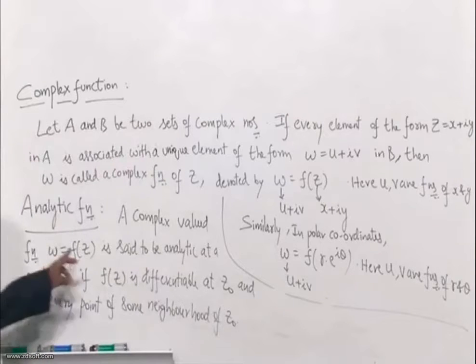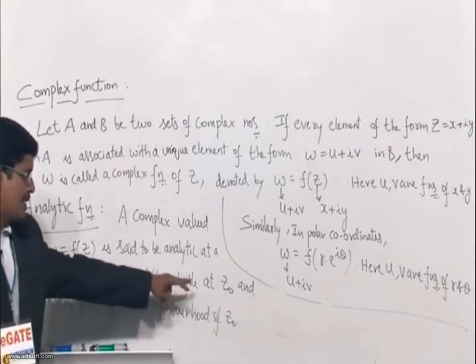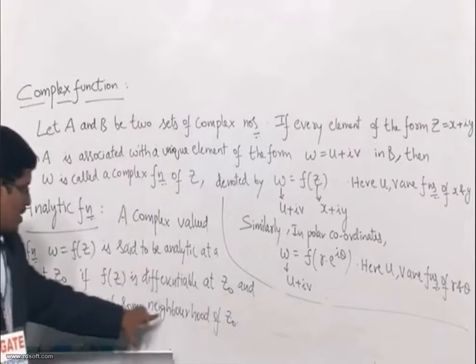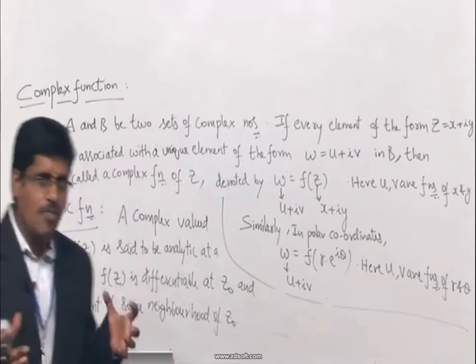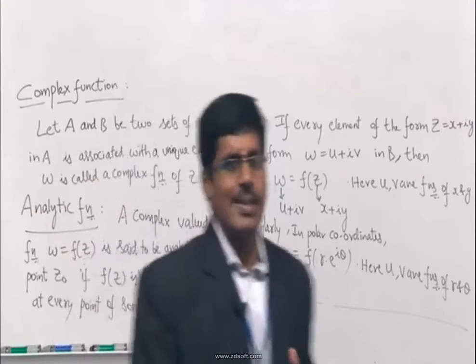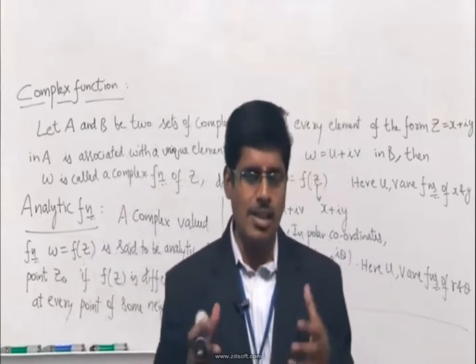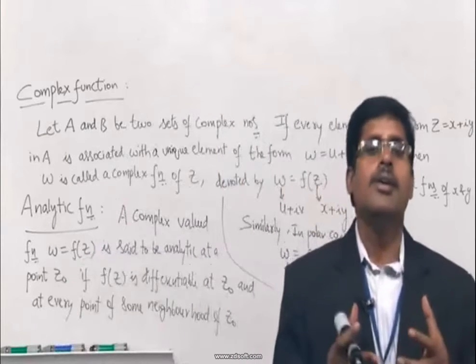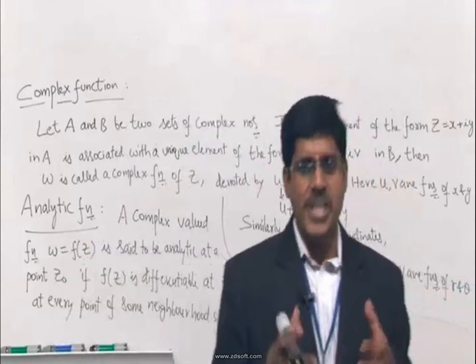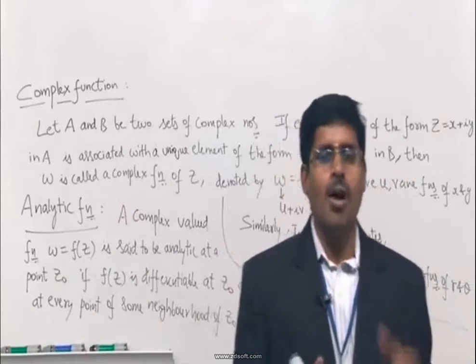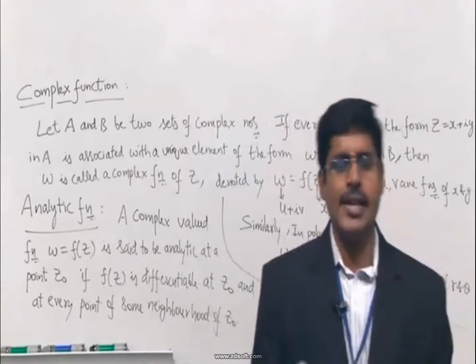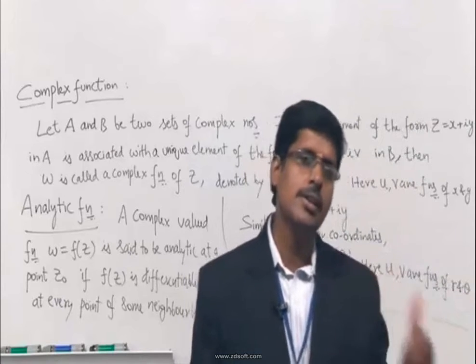See, f of z is not only differentiable at z0 but also at every point of some neighborhood of z0. Neighborhood of a complex number is a set of all points z where mod z minus z0 is less than delta. Delta is called the radius of that circle.